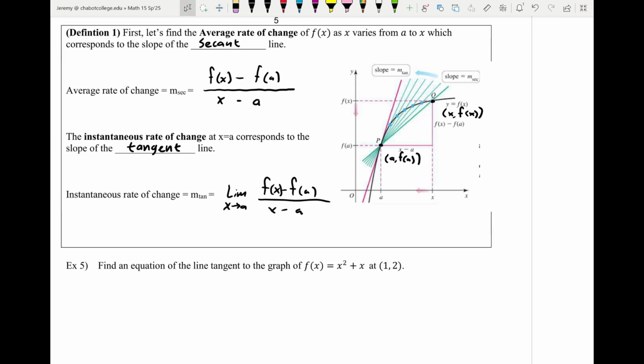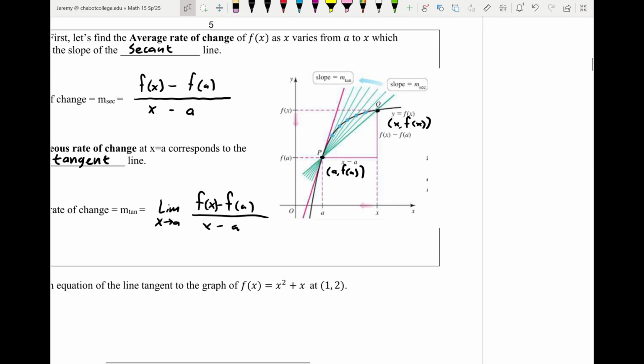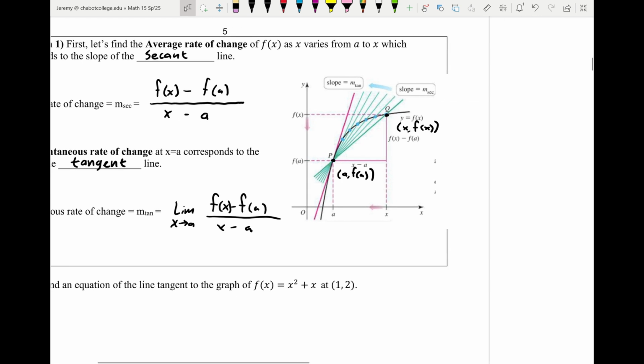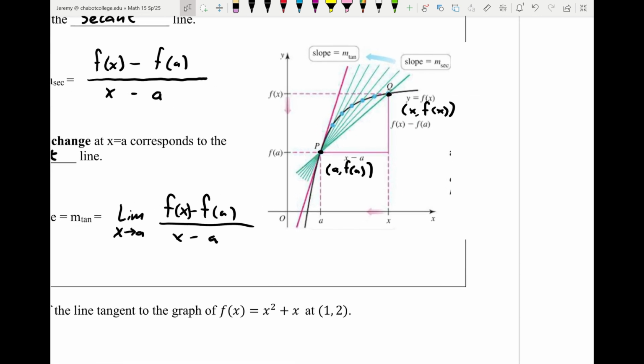And looking at the picture should make clear why we set it up in this way. Remember, the slope of the tangent line can be found, like if we're looking to find the slope of this pink line, which is the tangent line. It's the line which only intersects the graph of f at that one point, P, or that's the ordered pair a, f of a.